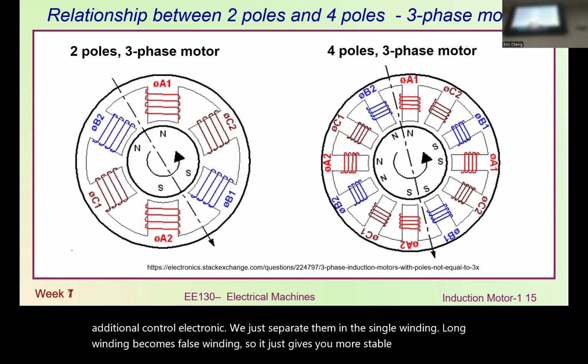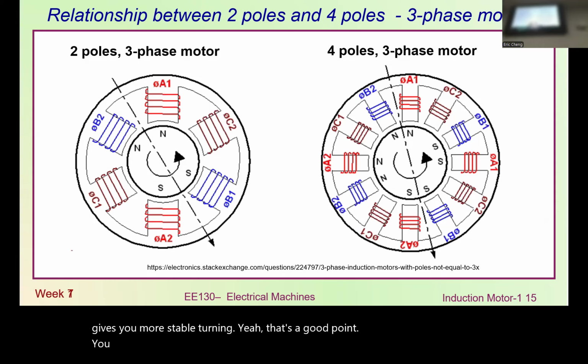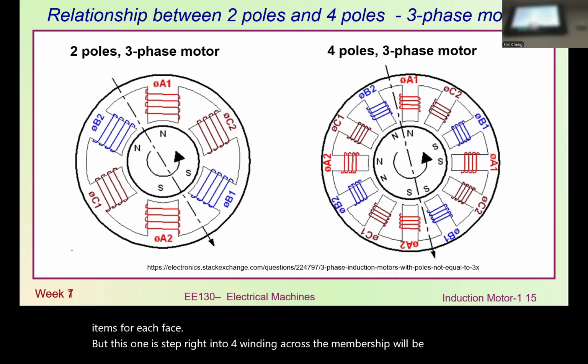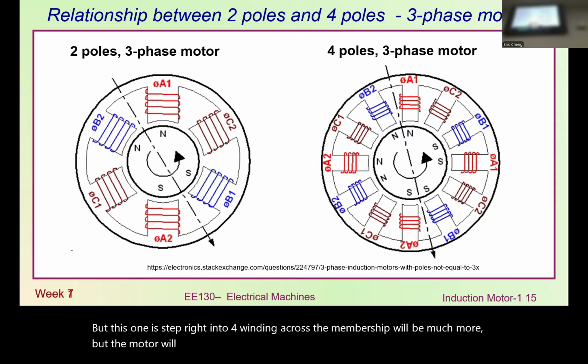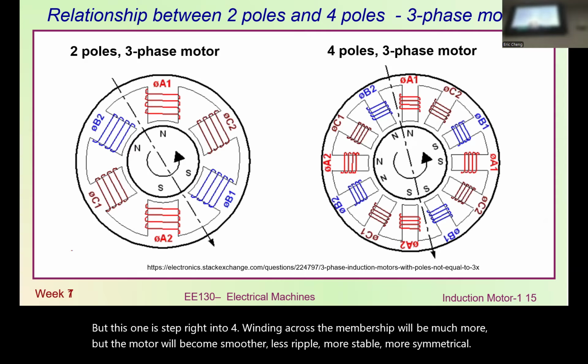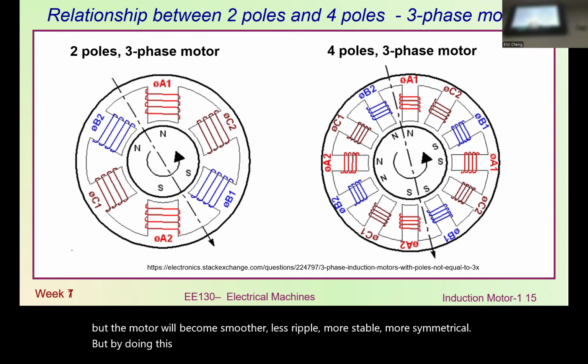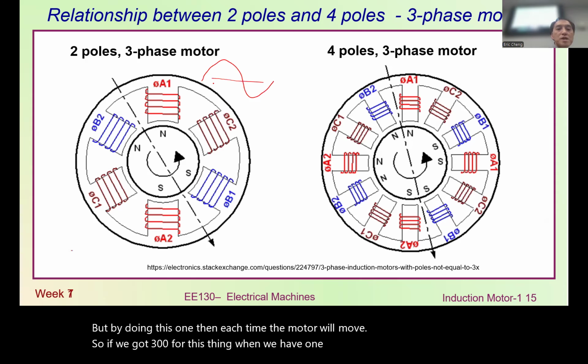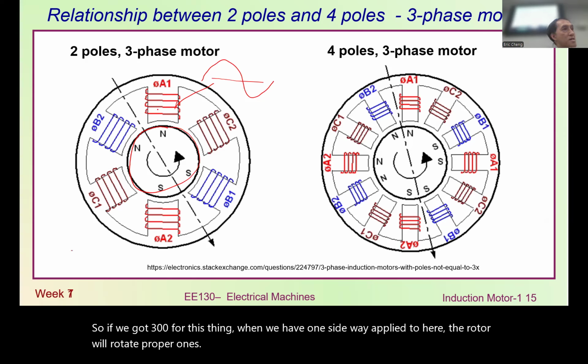That's a good point. You see, when you compare with this one, we only have one winding, two windings for each phase. But this one we separate into four windings. Of course, the workmanship will be much more, but the motor will become smoother, with less ripple, more stable, more symmetrical. But by doing this, each time the rotor will move differently. If we have one cycle applied to this one, the rotor will rotate probably one cycle.